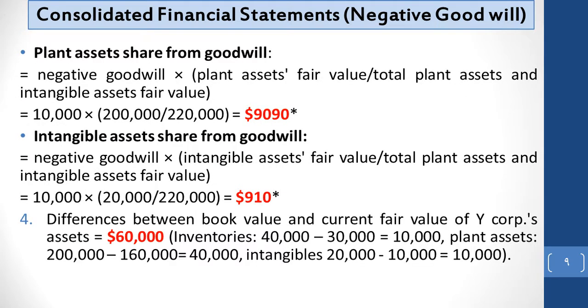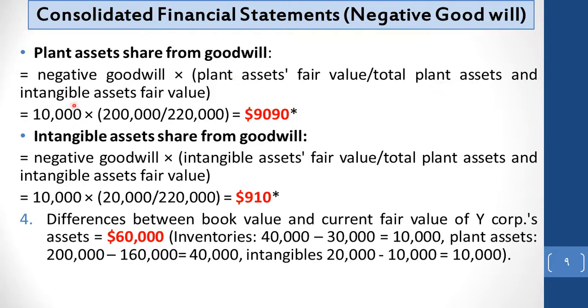Now we calculate the plant assets share from the negative goodwill. How? We multiply the negative goodwill that we have calculated, which is equal to 10,000, multiplied by the plant assets fair value from the given balance sheet, divided by the total plant assets and intangible assets fair value.